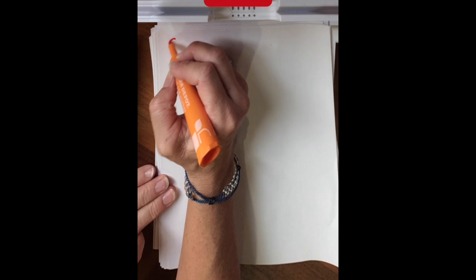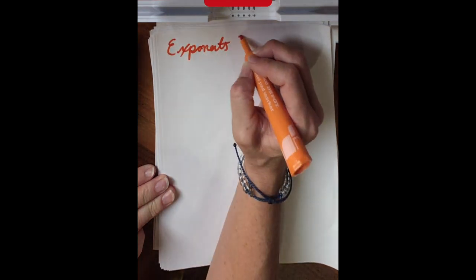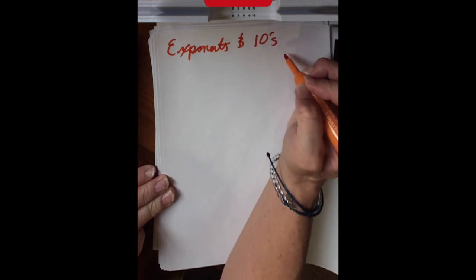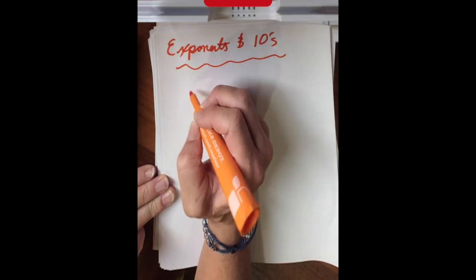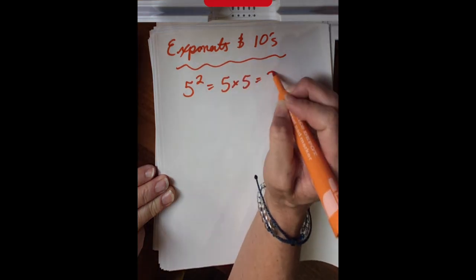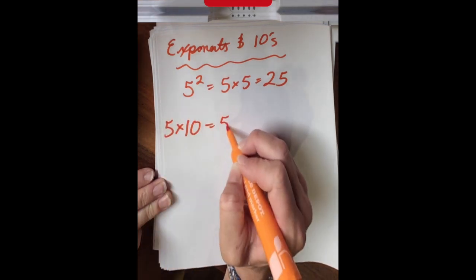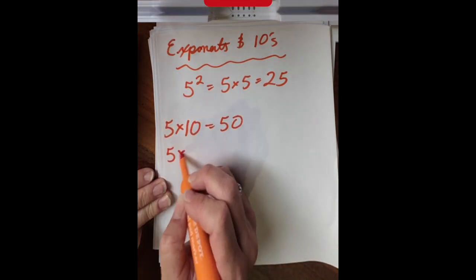But there's other ways that we can actually think about exponents. You don't have to put an exponent above a number. Typically what you do is you can put it above a 10. And that's what scientists do a lot because they deal with very large and very small numbers. So 5 to the 2nd power means 5 times 5, which is 25. But 5 times 10 to the 1st power is 50.